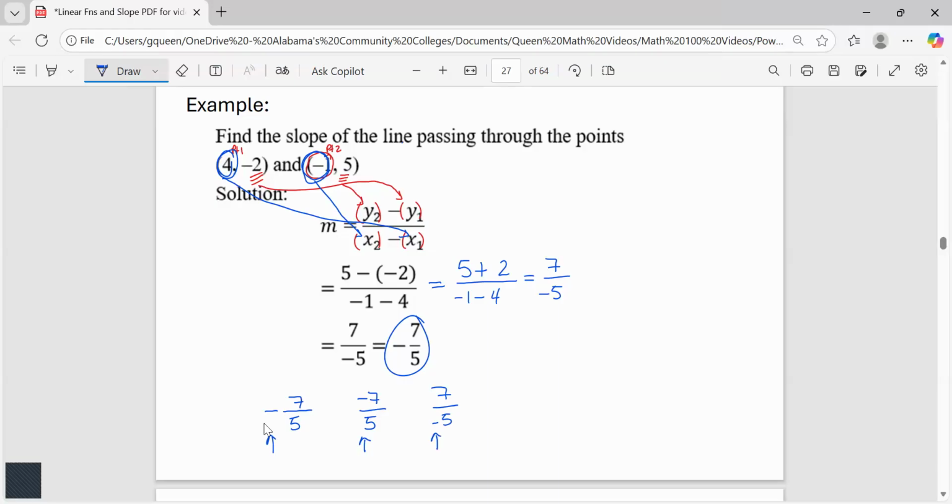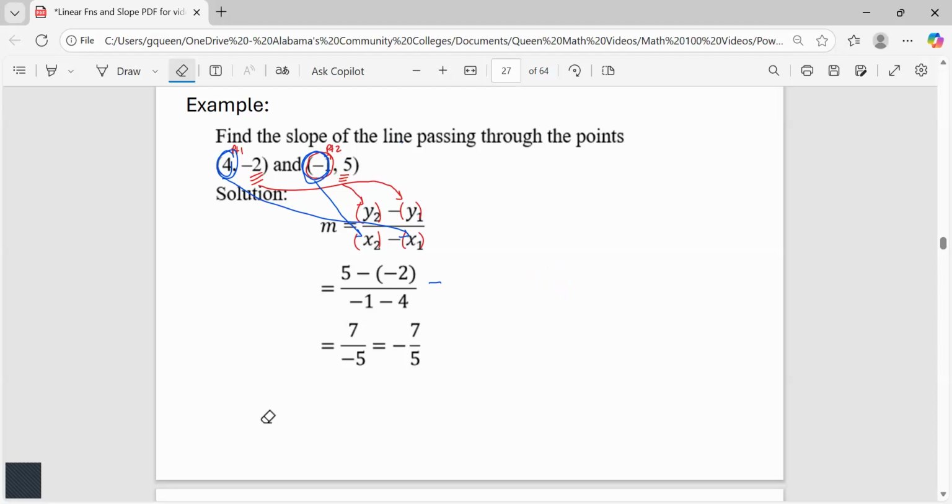Okay. All right. Now, second thing about this example, they listed the 2 points in this particular problem in a particular order. And so in the problem as it was written for us, we called point number 1 the first ordered pair 4, -2, and we called point number 2 the second ordered pair -1, 5.